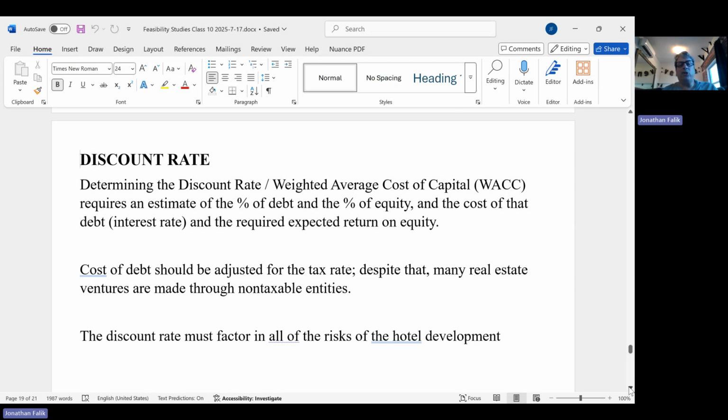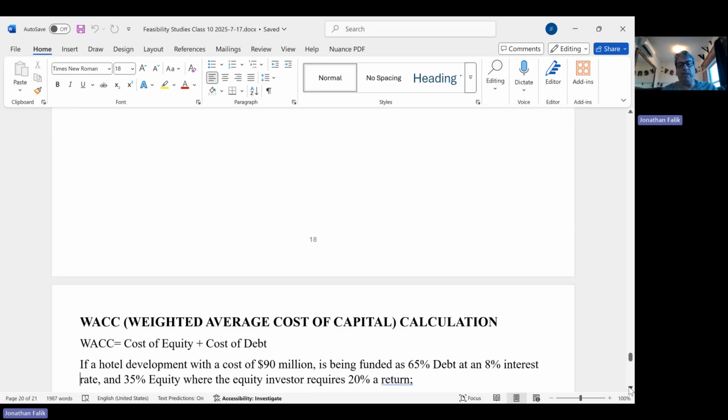The cost of debt should be adjusted for the income tax rate, but a lot of real estate ventures are done with non-taxable investment entities, so oftentimes the discount rate is on a pre-tax basis. The percentage return on equity must factor in all the risk of hotel development, which could be a lot.